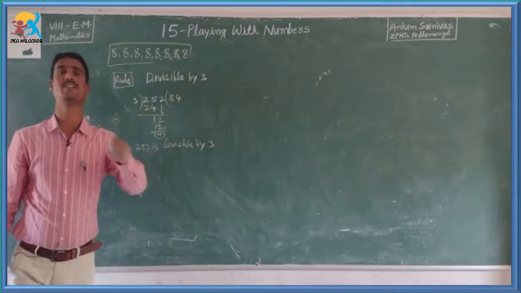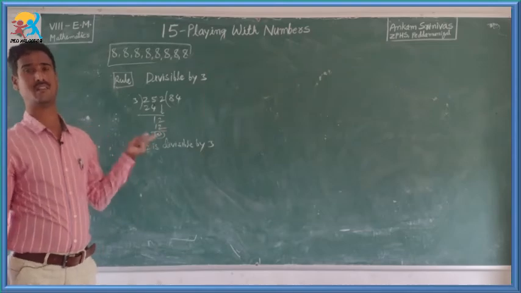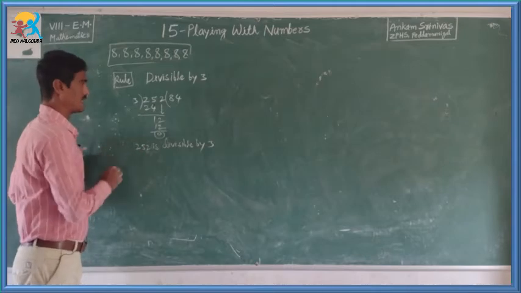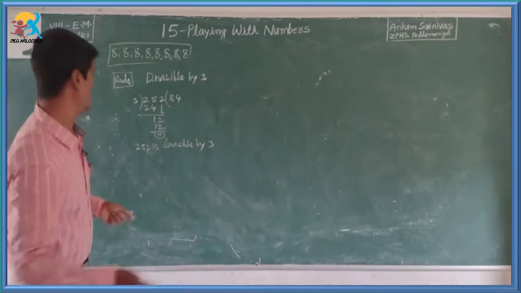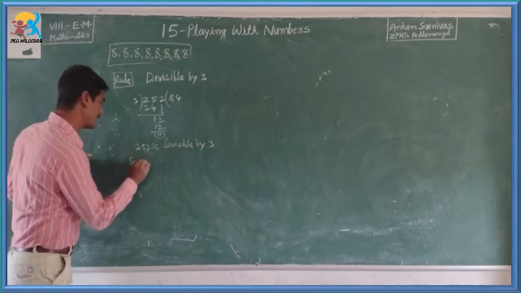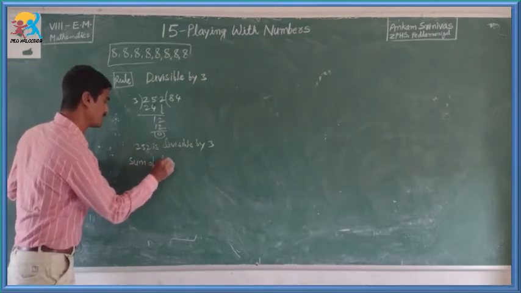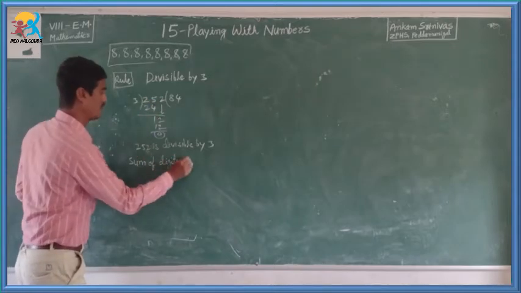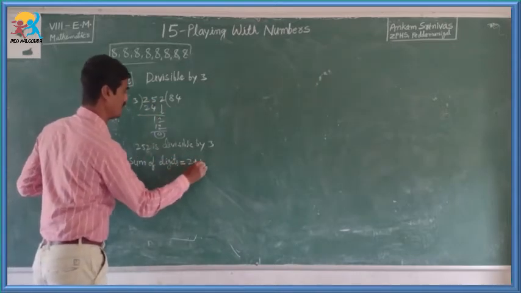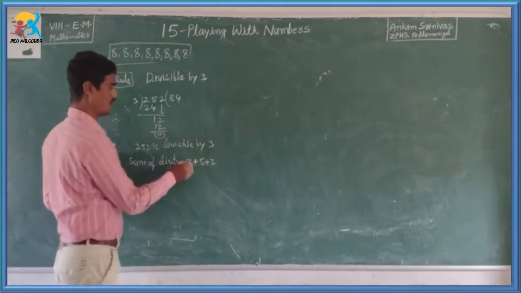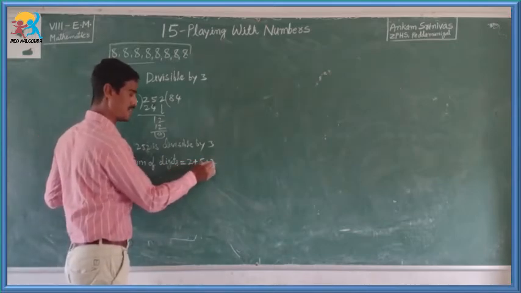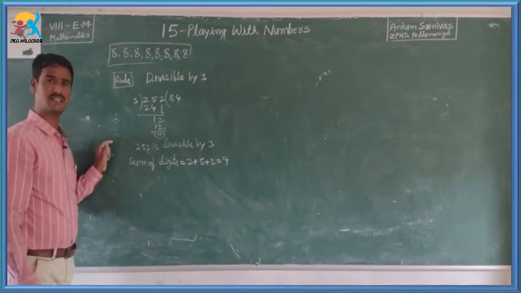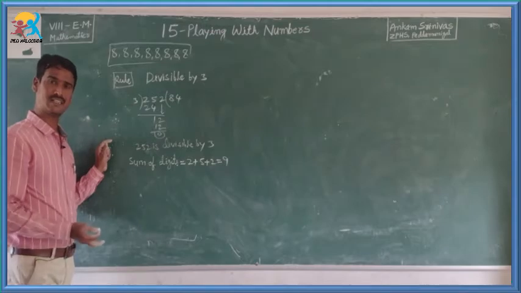Without doing actual division, how do we find whether it is divisible by 3 or not? Do the sum of digits. What is the sum of digits of the given number? 2 plus 5 plus 2: 2 plus 5 is 7, 7 plus 2 is 9. 9 is divisible by 3, since 3 3s are 9.